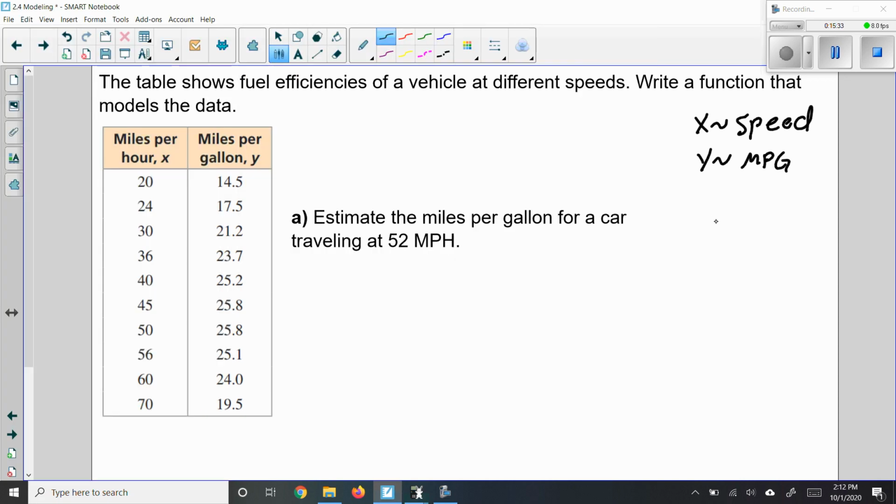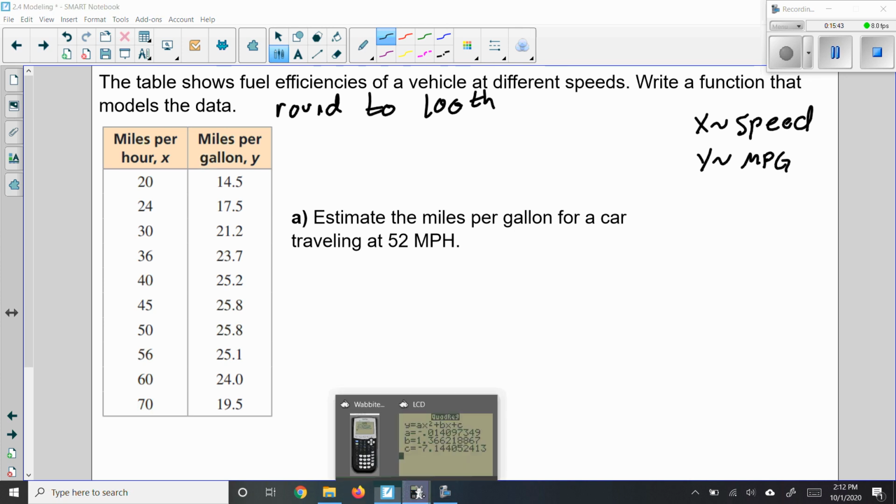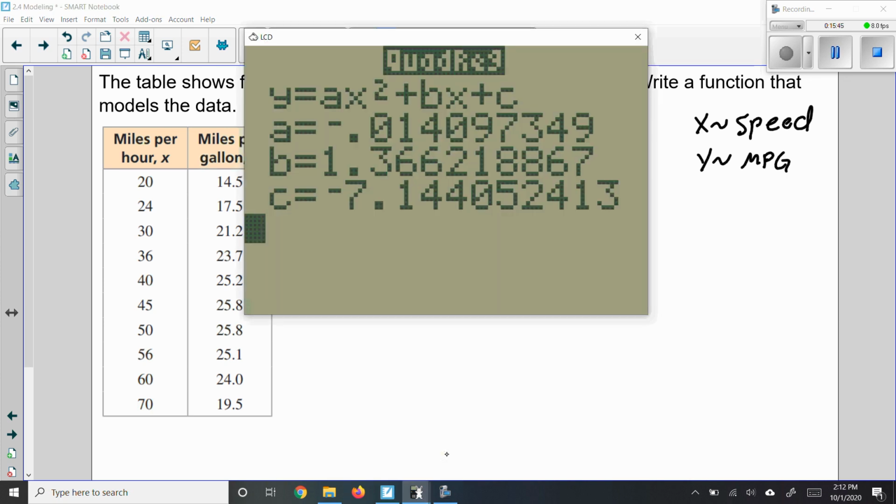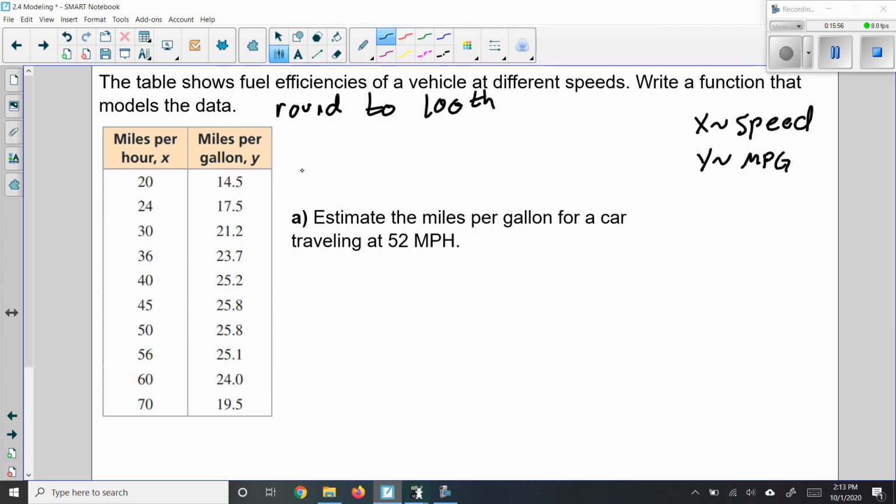So this doesn't say how we'll round. So let's round to the nearest hundredth. So A is negative 0.014. Well, the nearest hundredth is the second decimal place, negative 0.01.